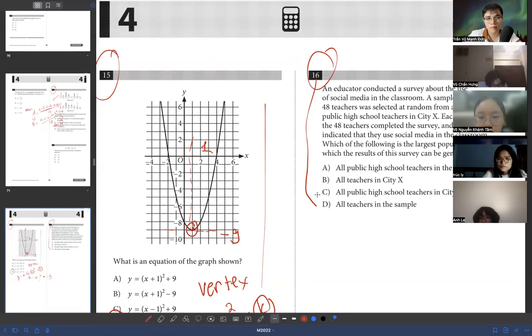I think this is C. Right. 16 is, let's see. Why did you choose C? Where is it saying that? What's the key?